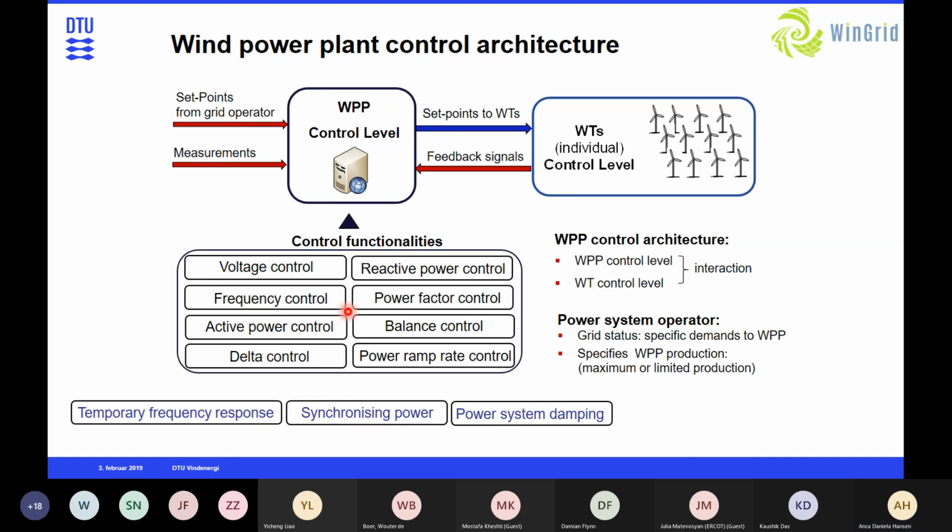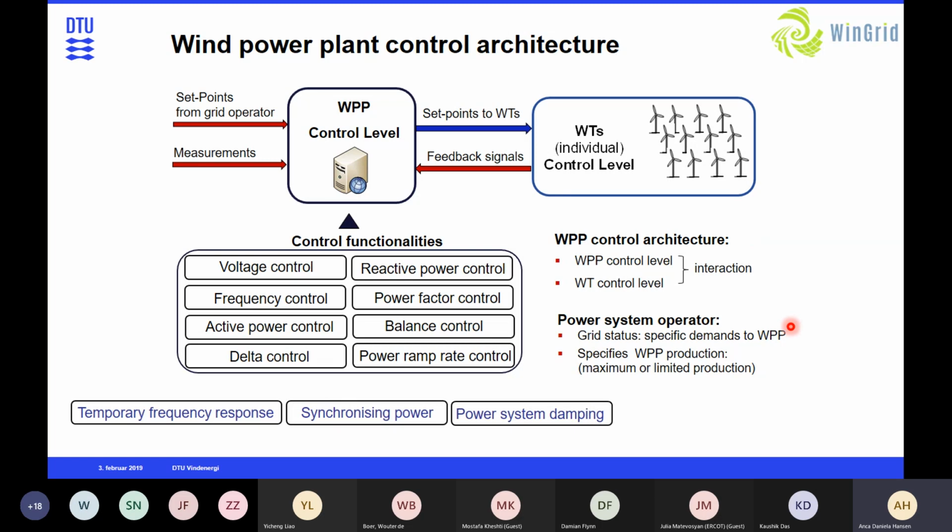And then, as I mentioned, we have these new ancillary services: temporary or fast frequency response, synchronizing power, and power system damping. And the wind power plant level behaves as a single central unit, prepares and sends further references to each individual turbine.